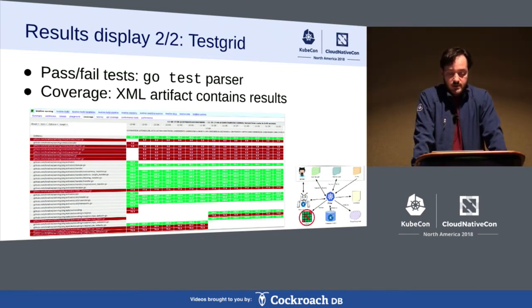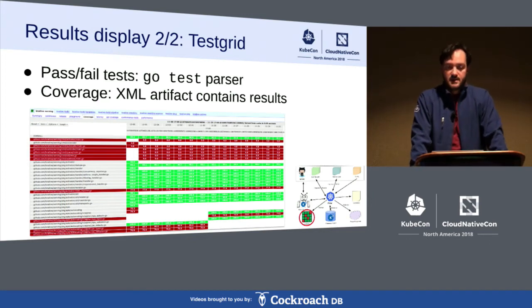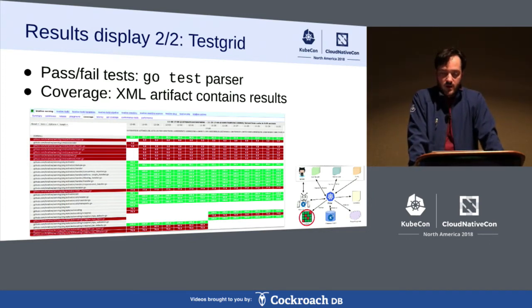To feed Test Grid, we have basically two ways. If you are talking about a pass-fail test, that's the parser, the custom Go test parser I mentioned earlier that also feeds results to Kubernetes. So Test Grid is able to understand that as well and display red and green blocks for all the tests you ran.